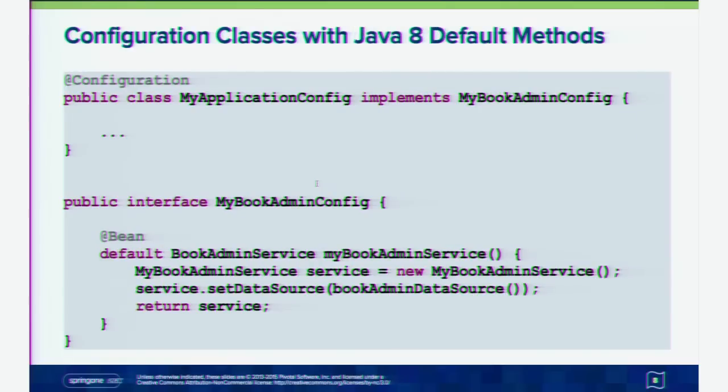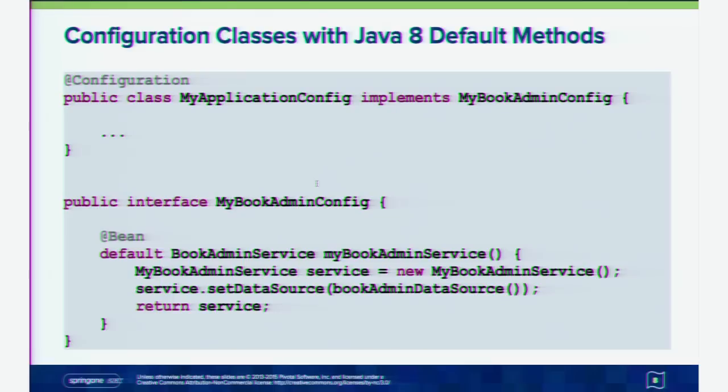A pretty interesting twist, a more recent feature, is the use of default methods. We are applying the same reasoning here. This is a standard Java 8 language feature. Interfaces can have default methods. So a default method has a method body. It lives in an interface but has a method body.